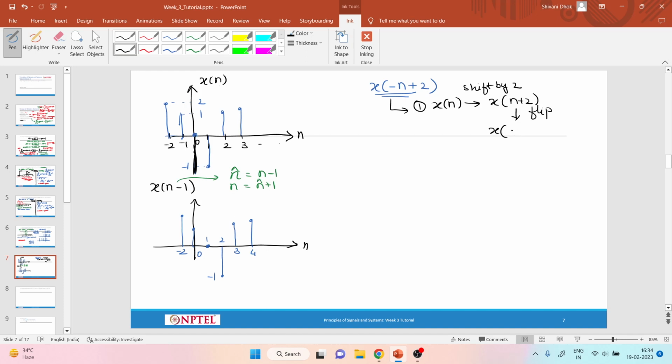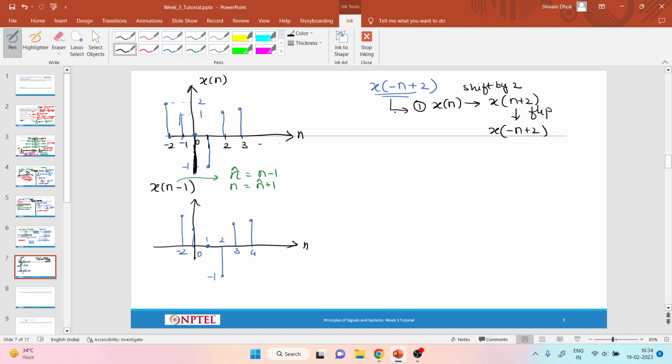So this is x of minus n plus 2. When you're flipping, you won't put the minus sign on the whole argument, only on n.